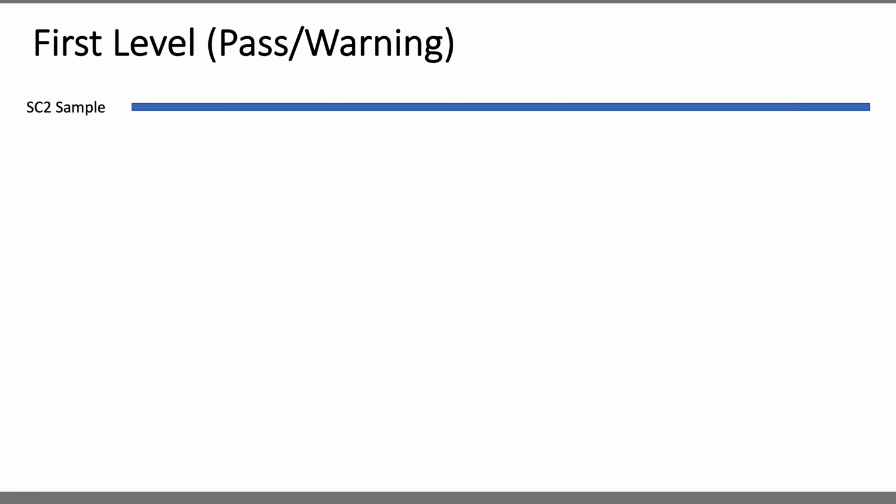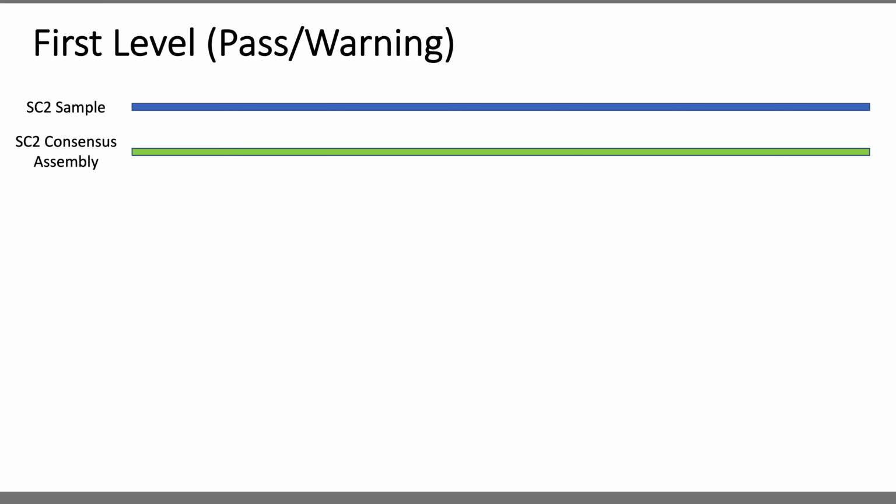To understand the first level look, I think it helps to contextualize what the ideal spirit of this sequencing experiment is. If we picture the full SARS-CoV-2 genome in your sample here in blue, the ideal sequencing experiment will allow us to take this biological molecule, do all of the wet lab protocols to generate sequence data and all the bioinformatics to assemble it, and at the end of it all, we get a full and complete consensus assembly that represents the entirety of the biological molecule in our sample.